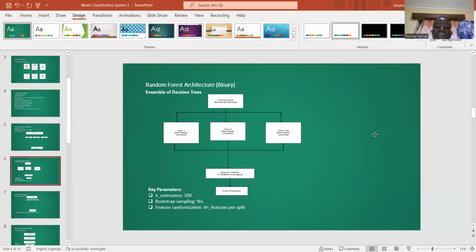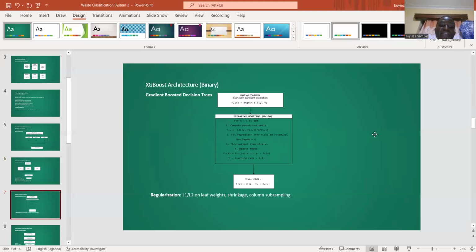For the key parameters, we have the estimators, which as I earlier mentioned was 100 for the data training. Then we did bootstrap sampling, then feature randomization, specifically for the key parameters that we deployed.